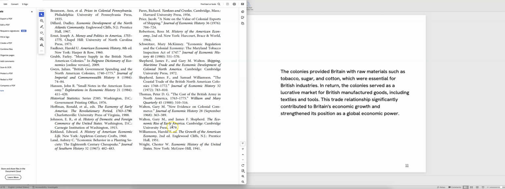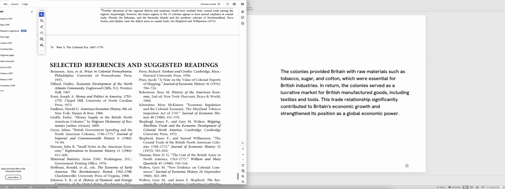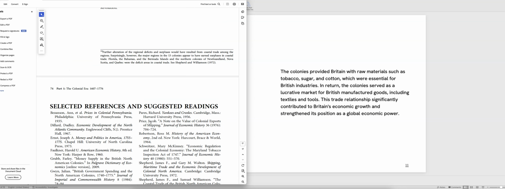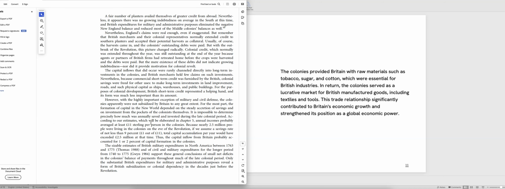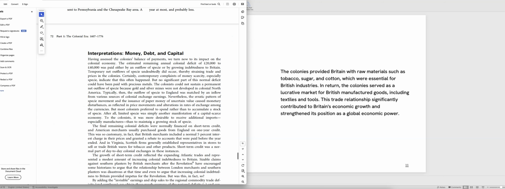If you think that in this course the most interesting part for you is going to be the study of the colonies, take a look at this Walton and Shepard piece. Again, the library will have that. And again, it's a really good read, at least for me.